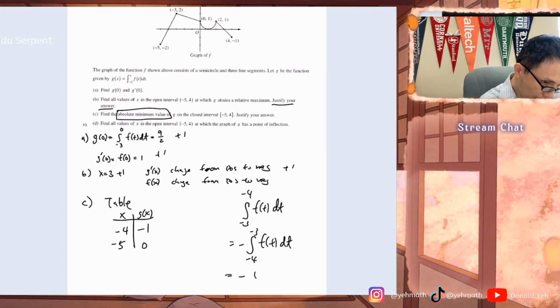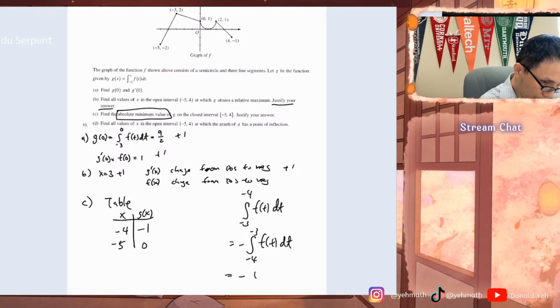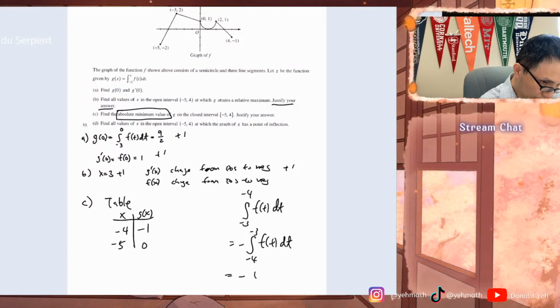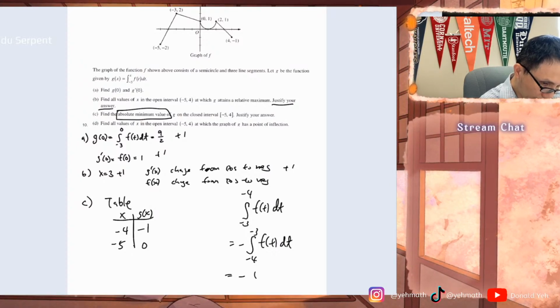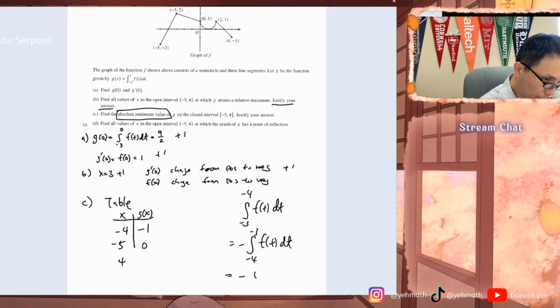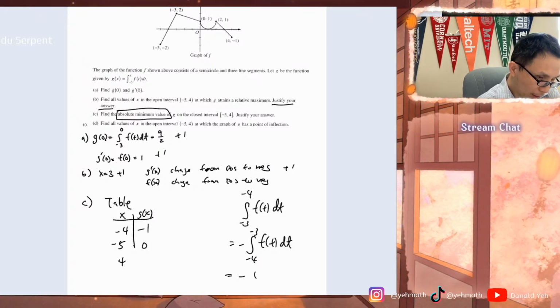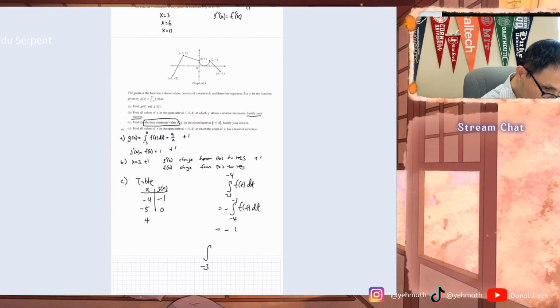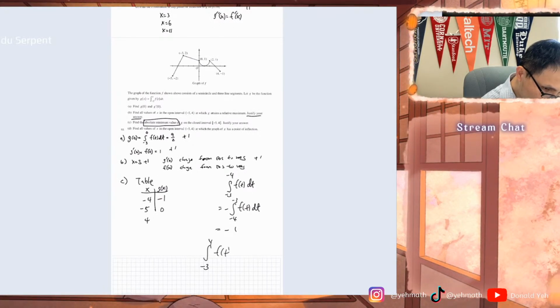And what happened at 4? Well, at 4, you're gonna plug in. You're gonna say, what is g of 4? So what is the integral from -3 to 4 of f of t dt?